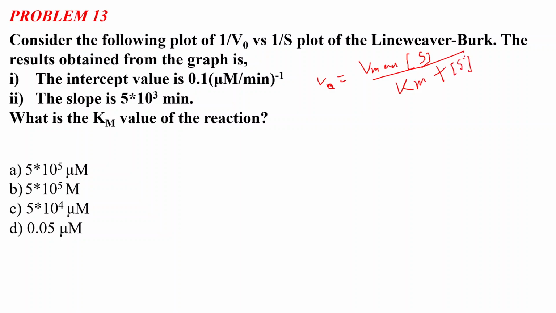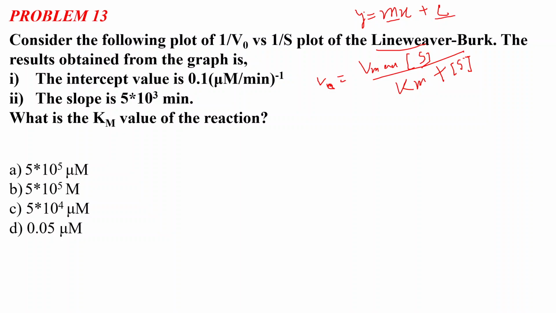From this equation itself you can derive the equation for this Lineweaver-Burk plot. You know the straight line equation, y equal to mx plus c, where m is the slope of the line and c is the intercept.